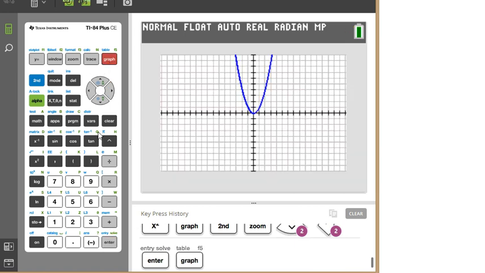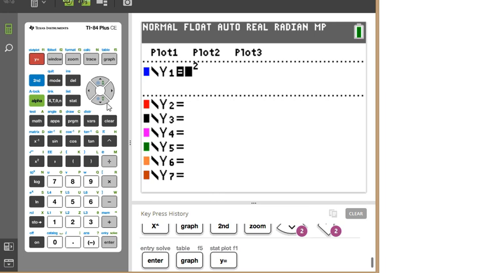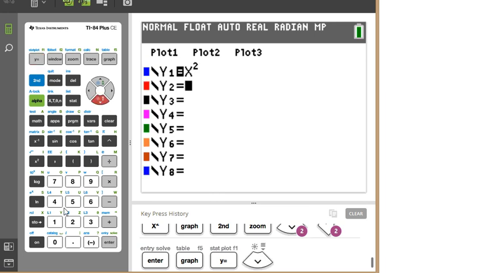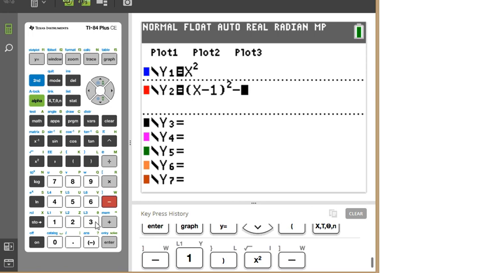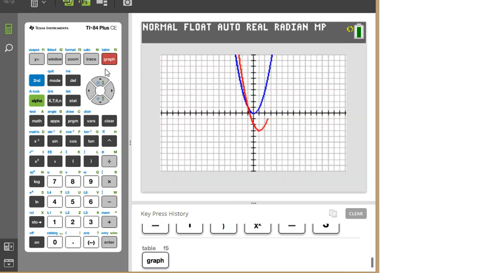Okay, there we go. And then the second one here is going to be quantity x minus 1 squared minus 3. If you have a calculator in hand, especially, you should never get this wrong. So can you see that we are translated down 3 units and moved to the right 1?